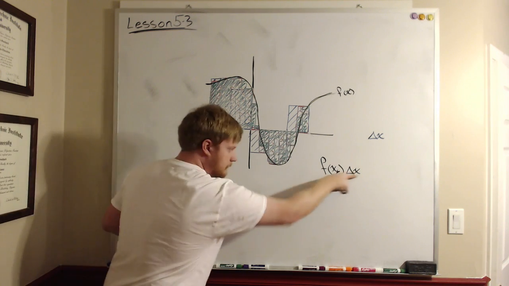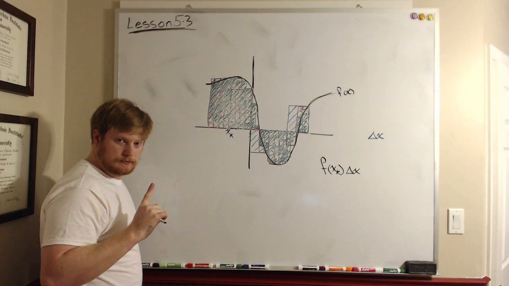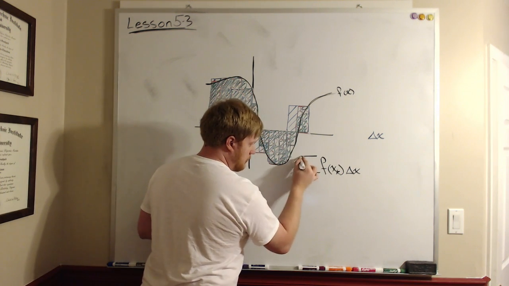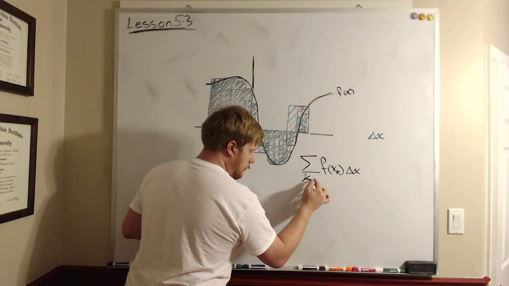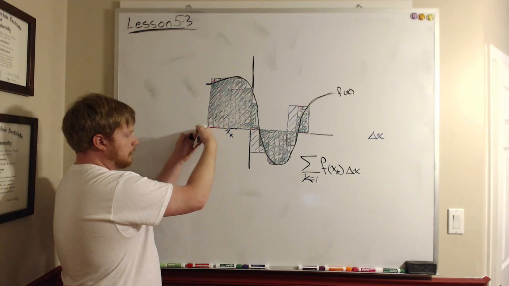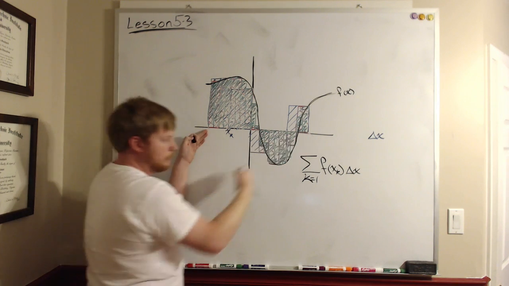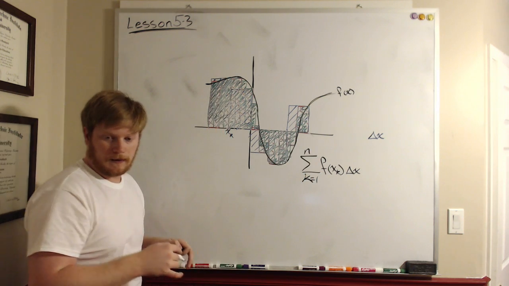So that is the area of one rectangle. But I want to add up a bunch of rectangles. And I want to add a bunch of rectangles up from some point to another.